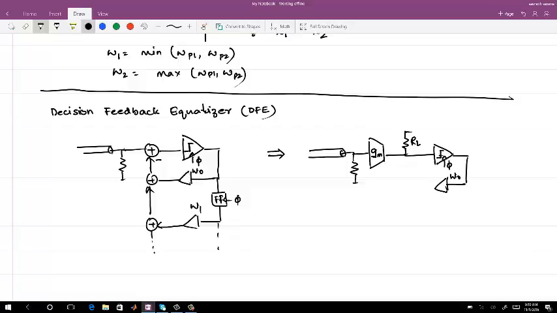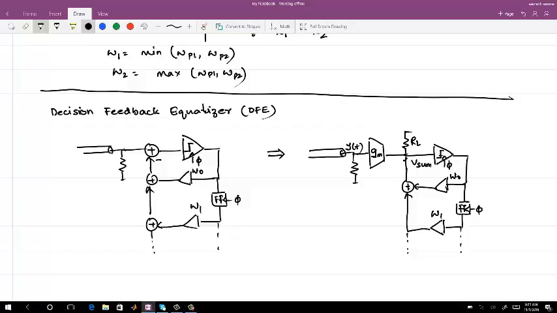Now this gain W0 actually becomes a GM cell, so it will directly add up to the summing node. This is V sum. This is y of t. Now you have this flip-flop back again here, and W1, and you sum this up. In all these cases, signs you can always take care of in differential by flipping the polarity.